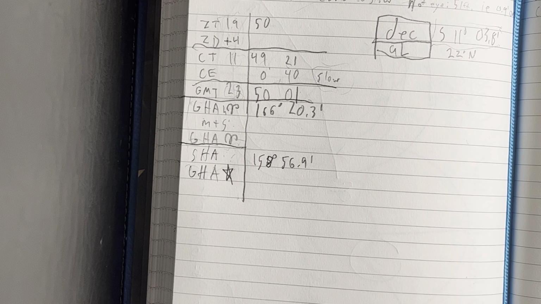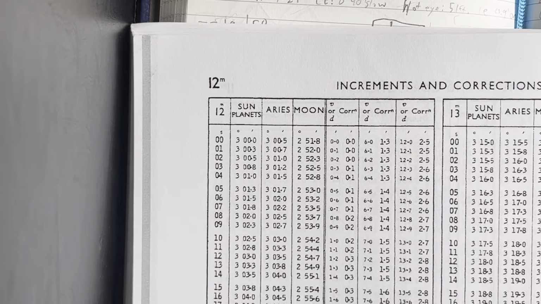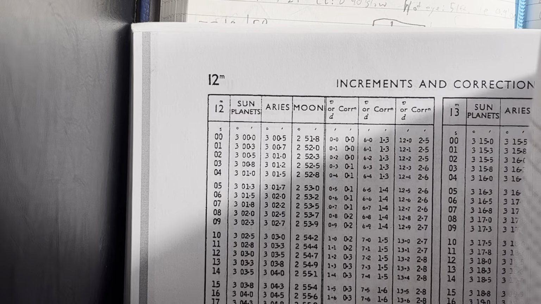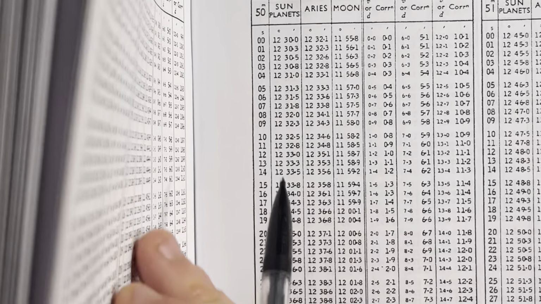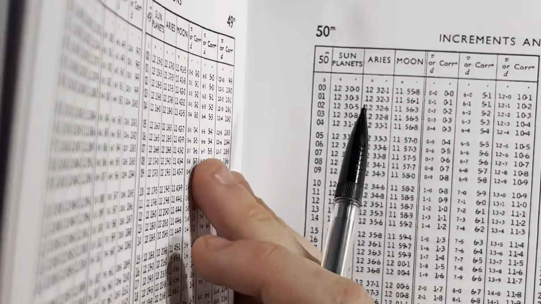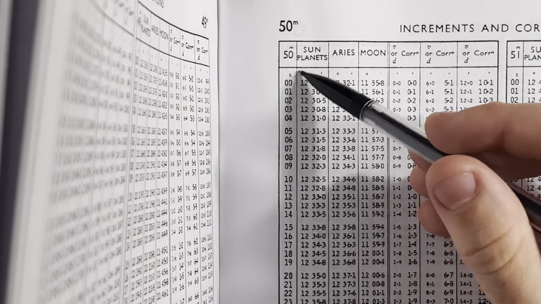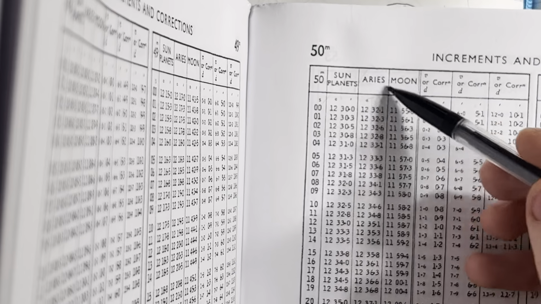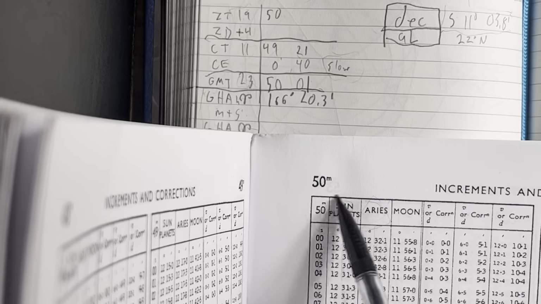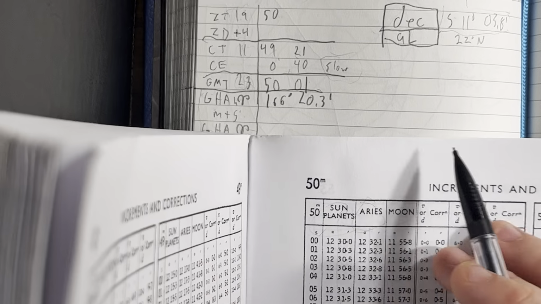We come to our increments and corrections section in the back of the book. Here we go. We're at 12 minutes here, so we're going to skip over a few more pages. 47, 48, 49. Here's 50. Now, we're not going to use this column. We're going to use the Aries column. If you ever forget, just look for what body you're measuring off of and take that column.